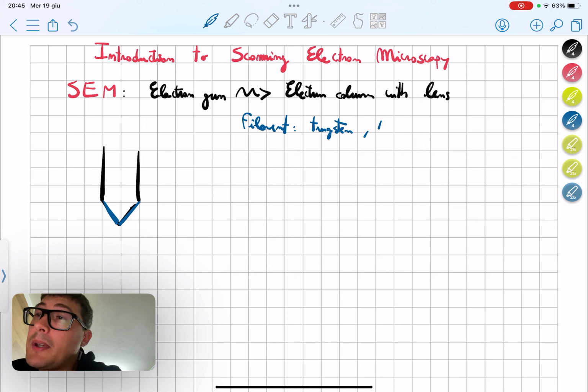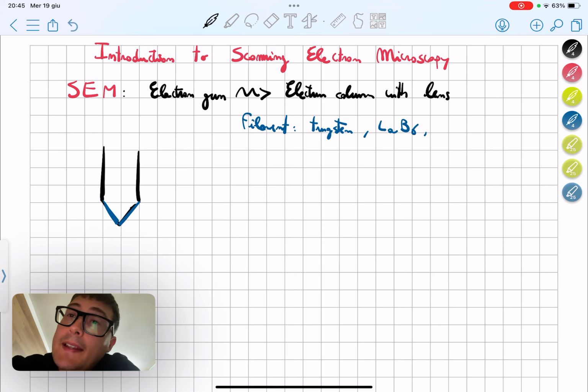Some others can be lanthanum hexaboride or others. The main difference between these is essentially the cost and the life cycle. Tungsten tends to have a little less lifetime compared to lanthanum hexaboride and others, but this is what it is.